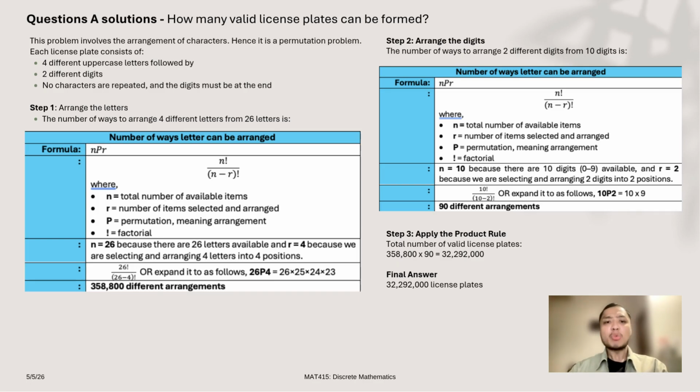In this question, we don't need to expand the full factorial because the formula simplifies to the number of choices for each position. For the letters, n is 26 because there are 26 uppercase letters available, and r is 4 because we need to select and arrange 4 letters into the positions. So this is written as 26P4.